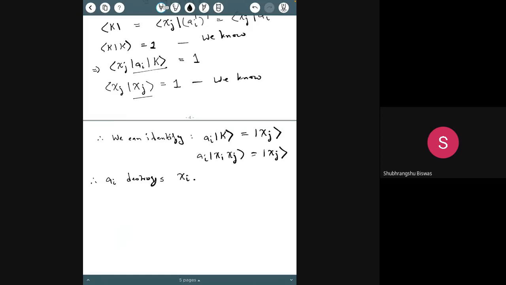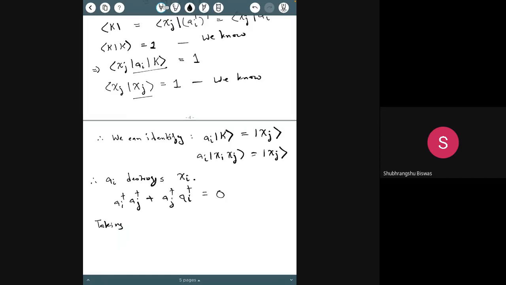Okay. And you can also verify the commutation relation. So we had a_i dagger a_j dagger plus a_j dagger a_i dagger equal to 0.